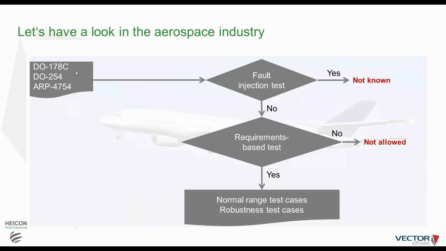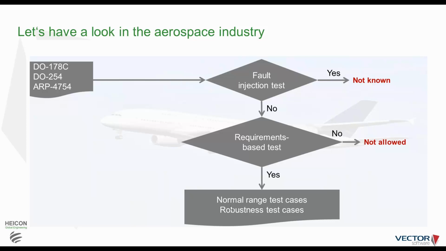So let's say, yes, we have requirements-based testing, but no fault injection testing. What else do we have in the DO-178? Or let's say if we find requirements-based testing, there is something missing from my point of view, because fault injection testing is important. So we will find two terms there which are very, very important, and they are called normal range test cases and robustness test cases.